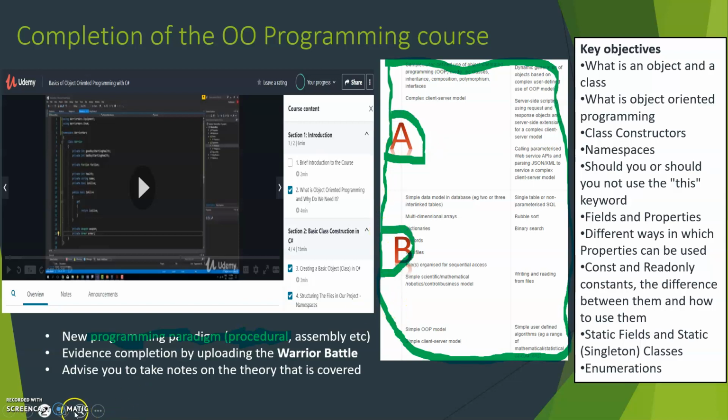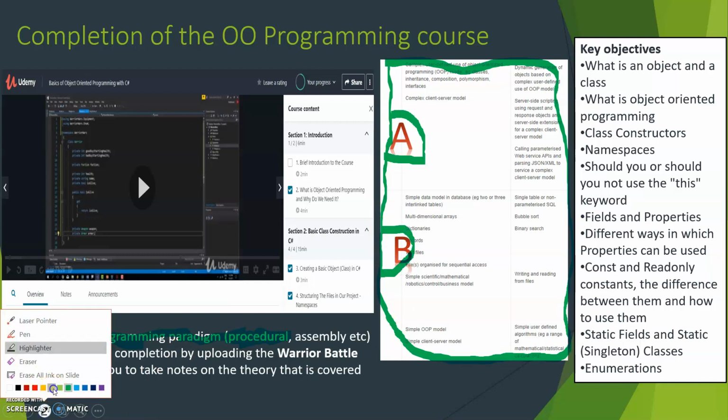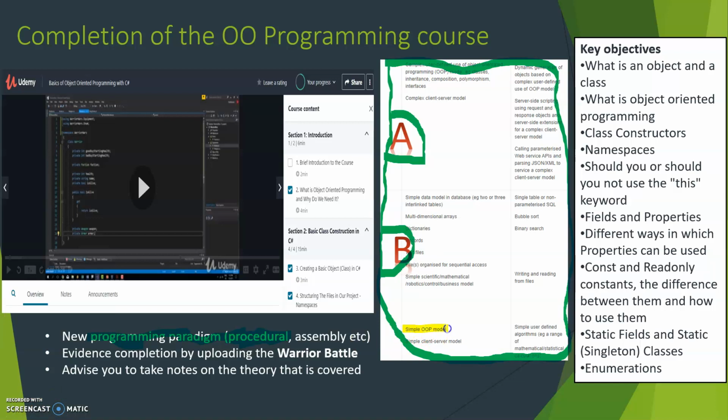If you look in this particular skill set that AQA outline, you can see down here in category B, I've highlighted too much there, but using simple object-oriented program models is a category B skill. So it is a higher level skill.